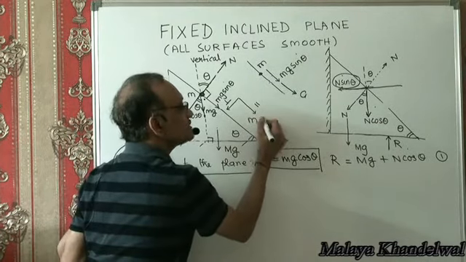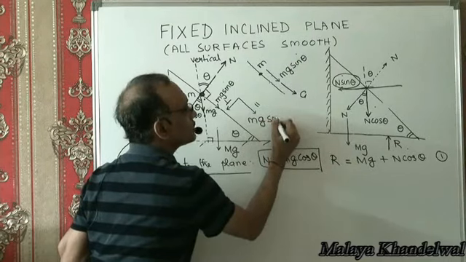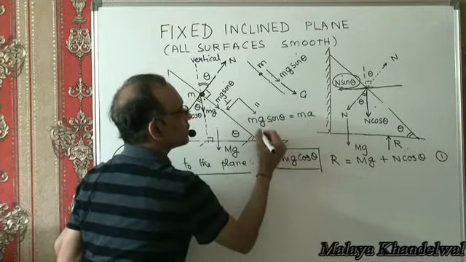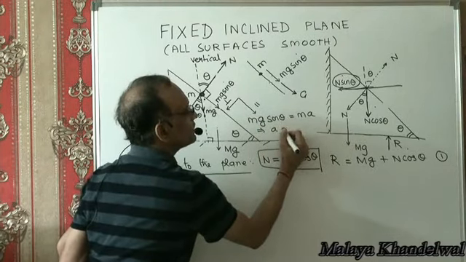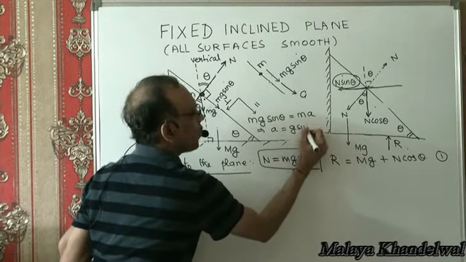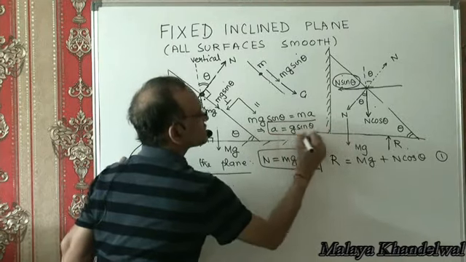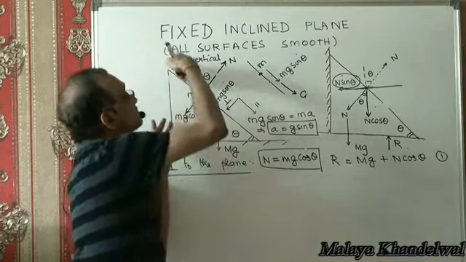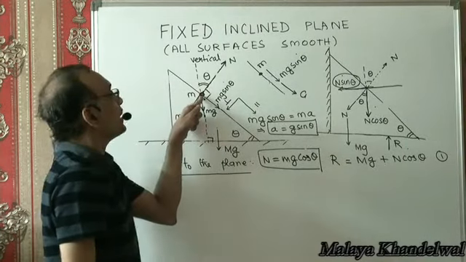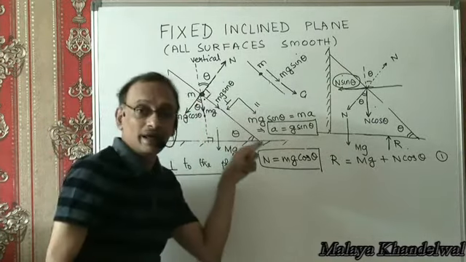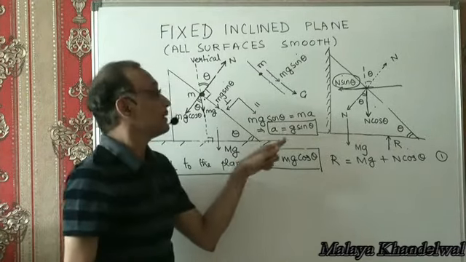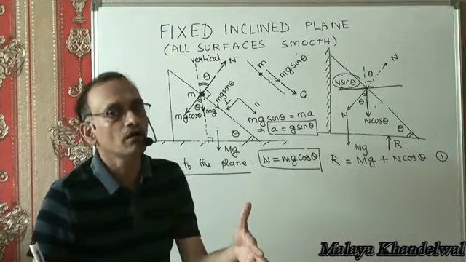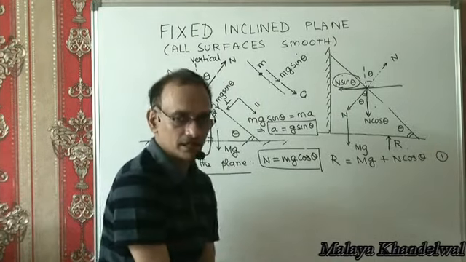So mg sin theta produces on the particle an acceleration a parallel to the plane, which means a then will be g sin theta. So on an inclined plane that is fixed and that has a smooth inclined surface, if a particle moves down the plane parallel to the plane, then its acceleration is going to be g sin theta. That's the story of a fixed inclined plane.